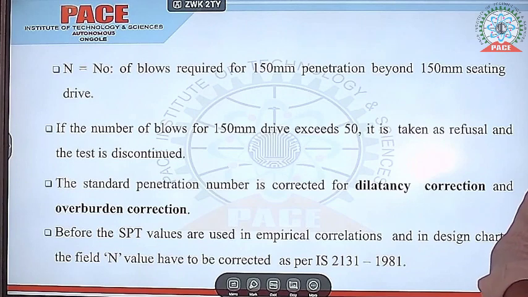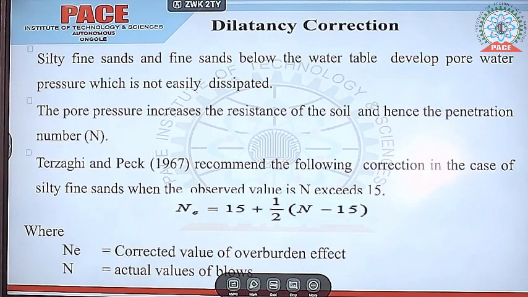The standard penetration number is corrected for dilatancy correction and overburden correction. Before the SPT values are used in empirical correlations and design charts, the field N value has to be corrected as per IS 2131-1981. Two corrections have to be made, that is dilatancy correction and overburden correction.